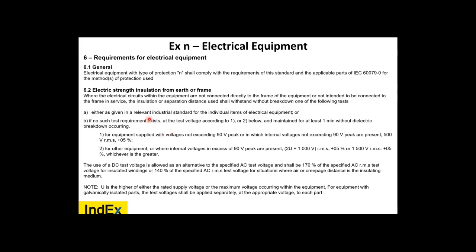Well, you have to follow either a relevant industrial standard or anything not exceeding 90 volts peak or internal voltage is not more than 90, then it's 500 volts RMS, VAC, volts alternating current. For other equipment where it is in excess of that 90 volts, well, it's 2 times the voltage plus 1000. So if you had 1000 volts, it'd be 1000 times 2, 2000 plus 1000. So it'd be 3000 volts.